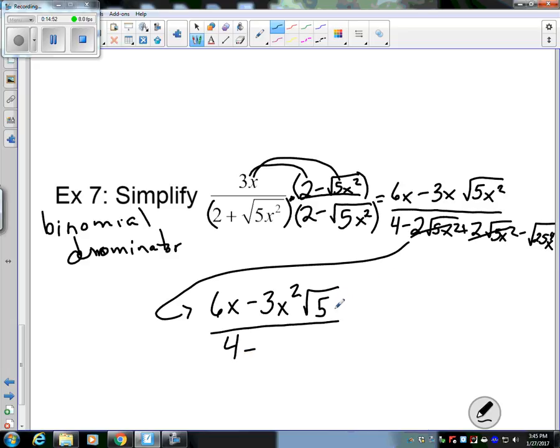And we look to see if there's anything in common. We have 4 terms, so all 4 terms have to have something in common for you to simplify. This has x, x, x, but the 4 does not have an x, so it does not simplify. And there's no square roots left in the denominator, so therefore this is it.